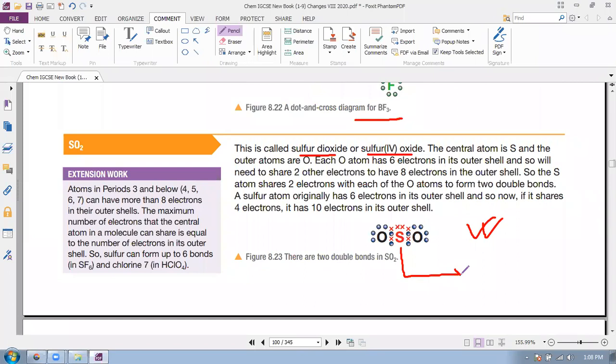Here sulfur is the central atom. And what would be the structure? If I draw sulfur, look at this, a double bond oxygen, and double bond oxygen. All right.